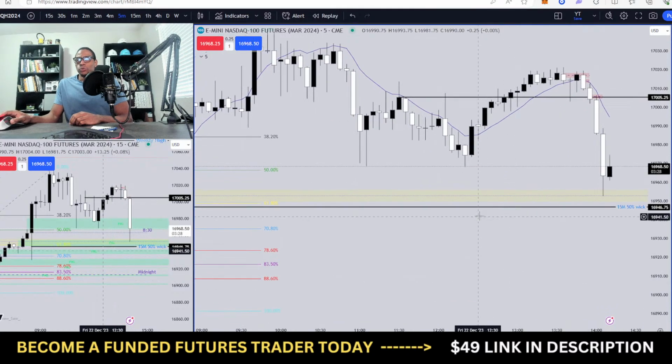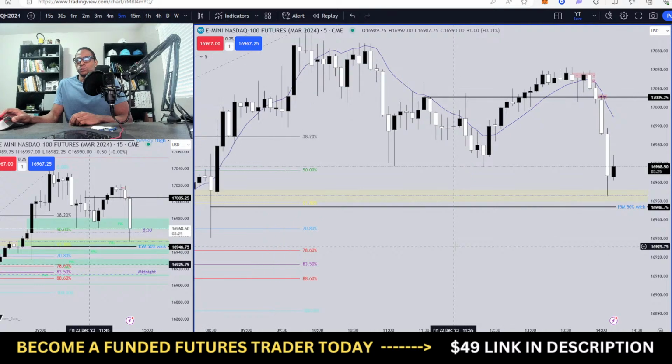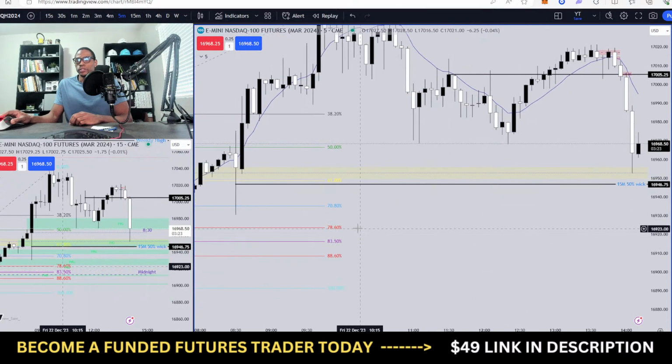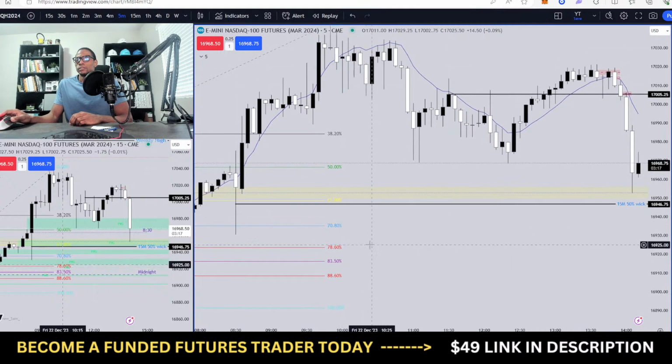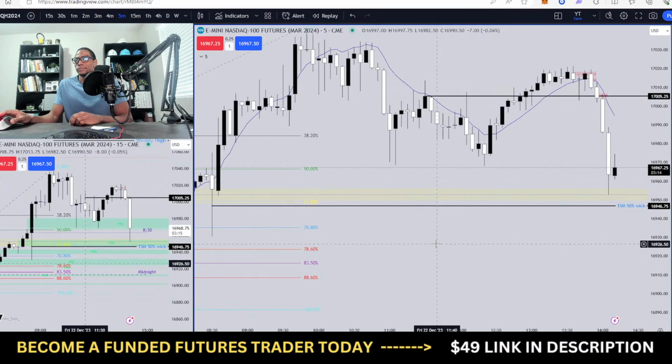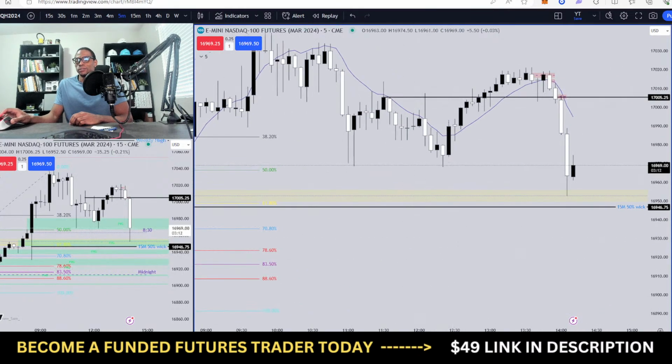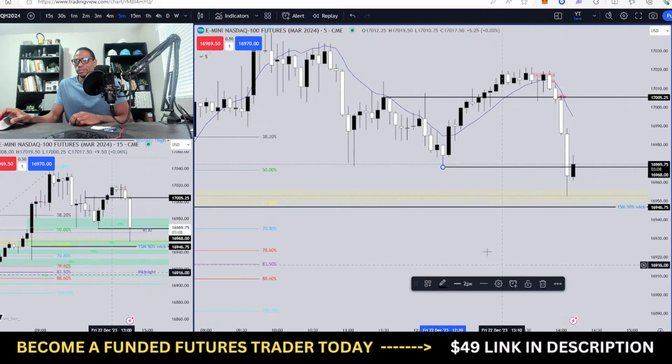All right, now that we know we've moved into discount on the full price leg, we also know we've retraced at least 80% from the morning range. Also, another thing to note, we took out the low from lunch.